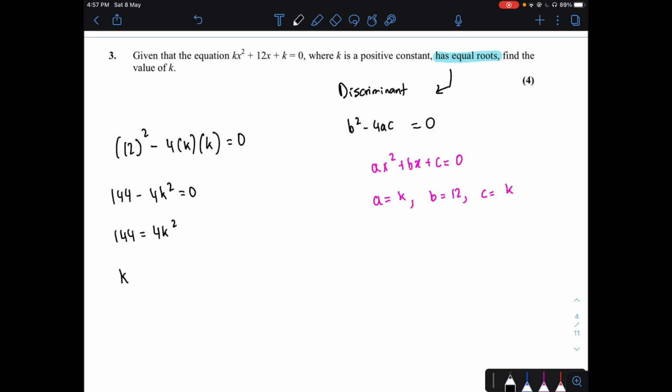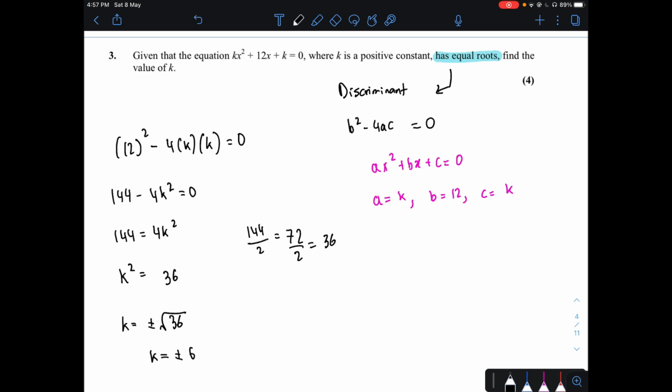We divide both sides by 4, so 144 divided by 2 is 72, and then you divide that by 2 again, that would be 36. So k squared equals 36, k equals plus or minus the square root of 36, so k should equal plus or minus 6.